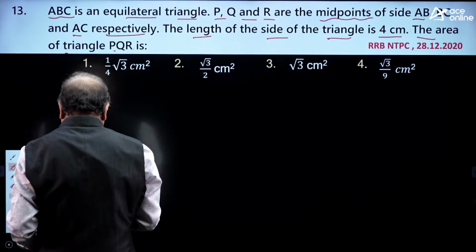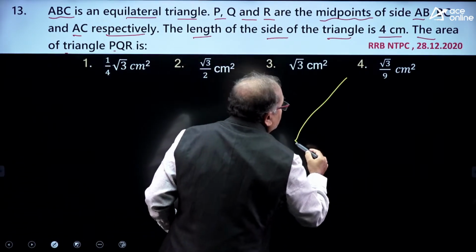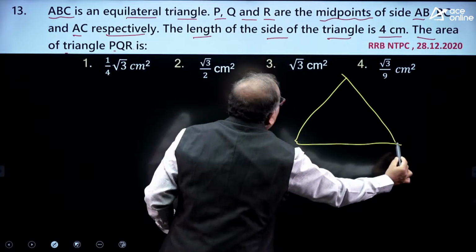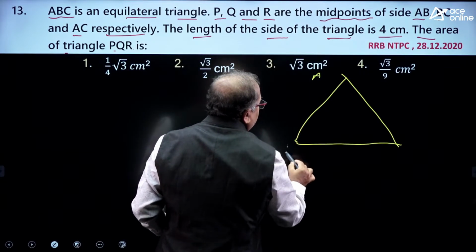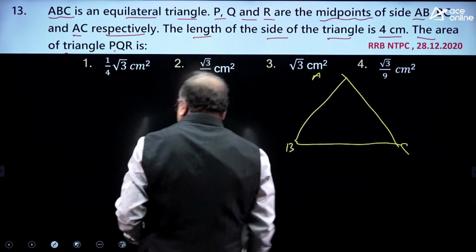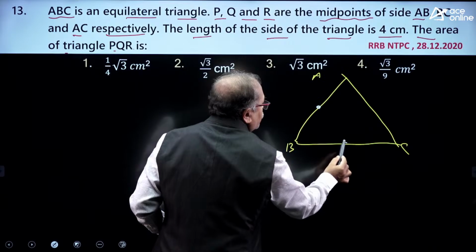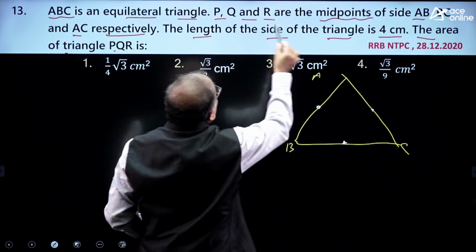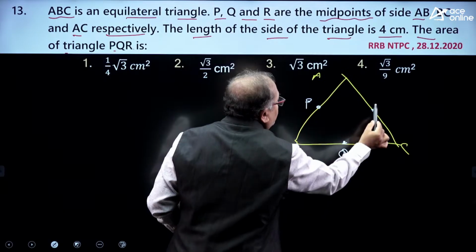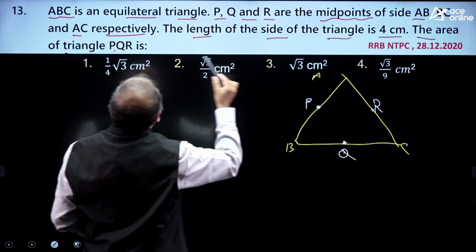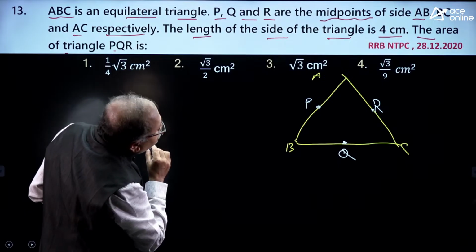So how do you draw the diagram? You are drawing the diagram in this way. There is a triangle over here, which is ABC. Let's take this as A, B and C, and the midpoints are given to us here, the midpoints of these three sides, and the midpoints are P, Q and R. It is mentioned that the length of the side of the triangle is 4 centimeter.